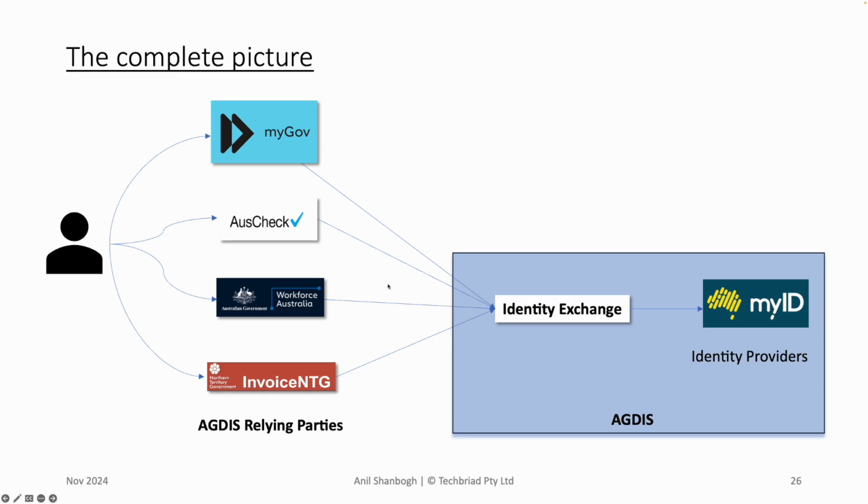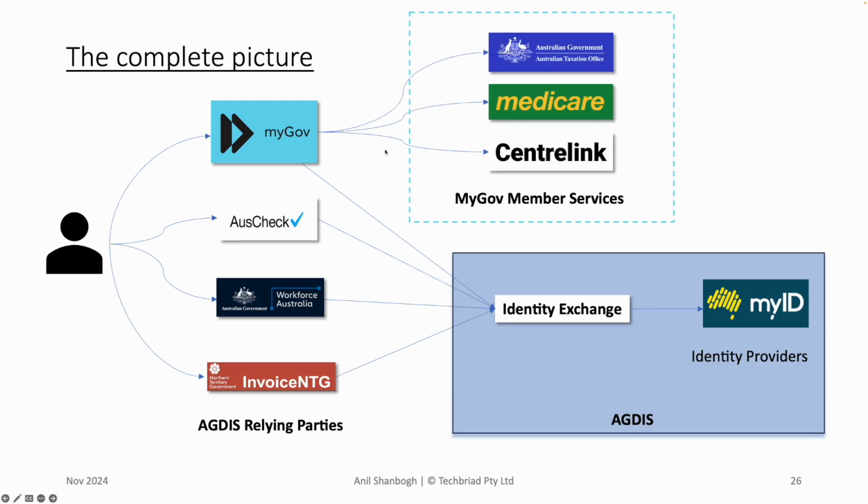Once I have a digital identity, I can use the same digital ID at any of these different participating services. Now myGov was the special member service or the special relying party which had connection to all these other myGov member services, which is Medicare, Centrelink, NDIS, and so on.